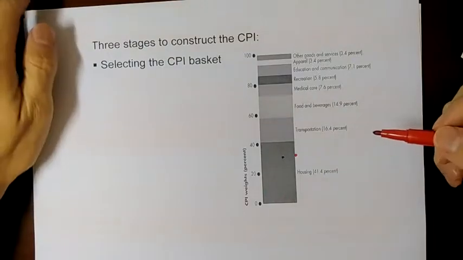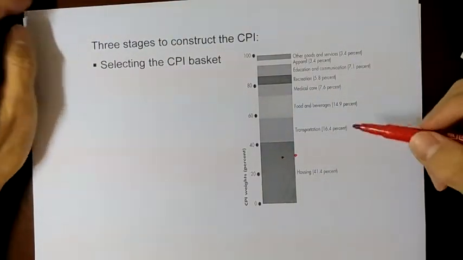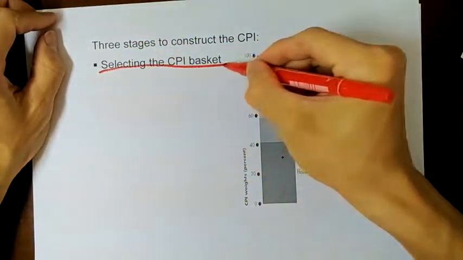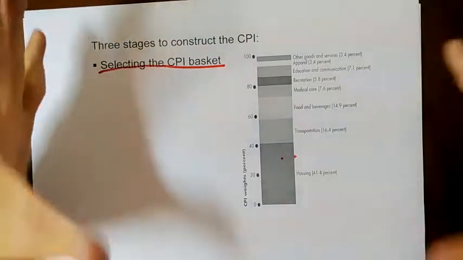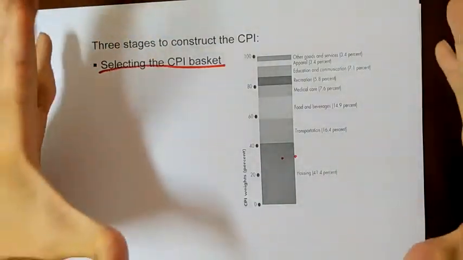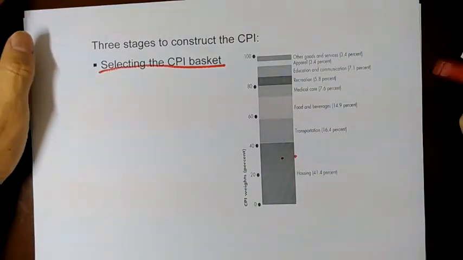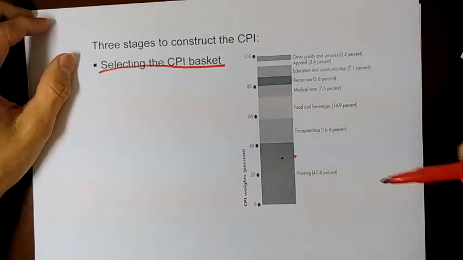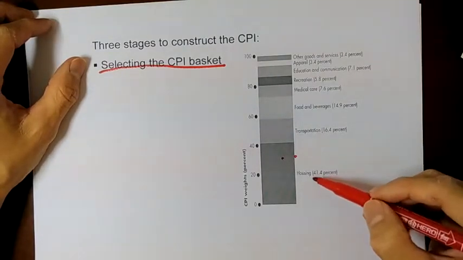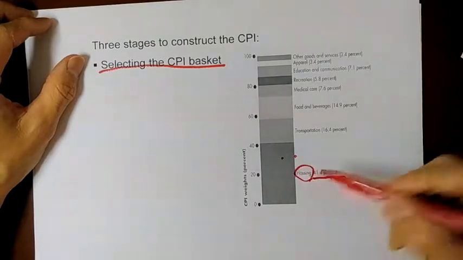How do we construct the Consumer Price Index? There are 3 stages. First, you have to select the CPI basket. You're selecting a basket of goods that are consumed by a typical urban family. Say, for example, in our example, the typical urban family spends 41.4% of their income on housing.